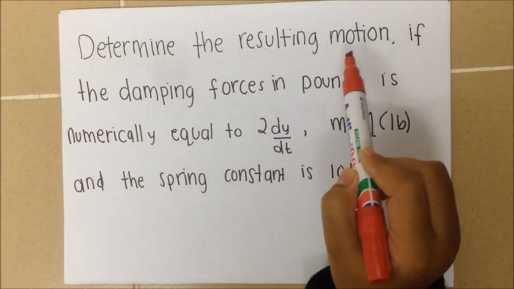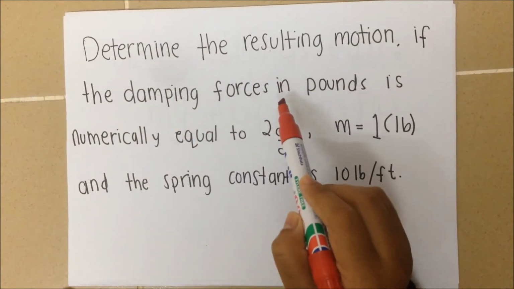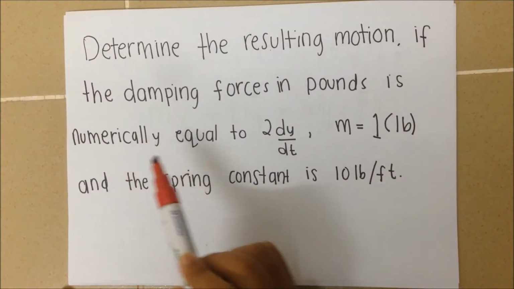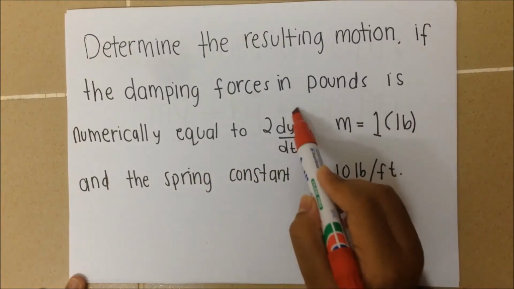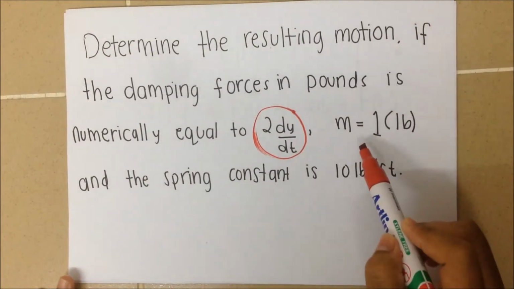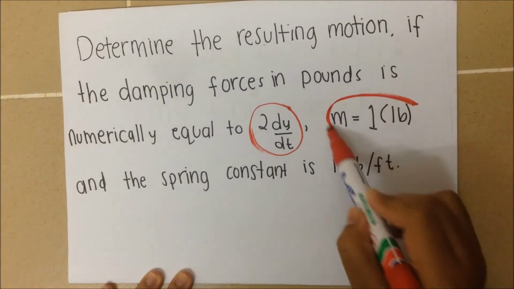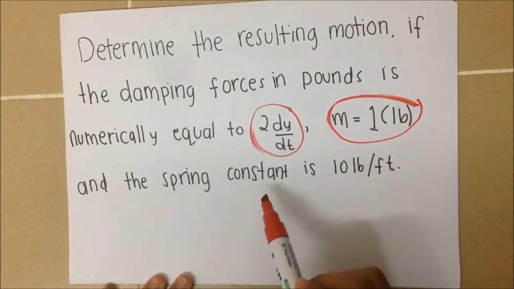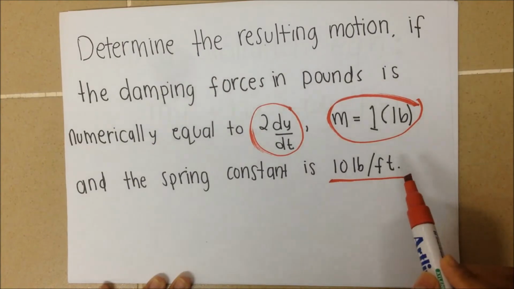Determine the resulting motion if the damping force in pounds is numerically equal to 2 dy/dt, m equal to 1 lb, and the spring constant is 10 lb per feet.